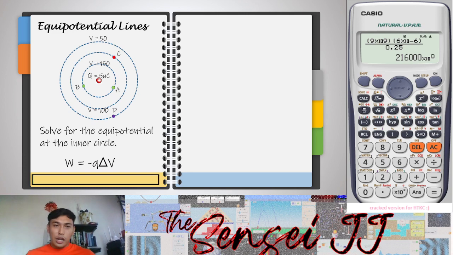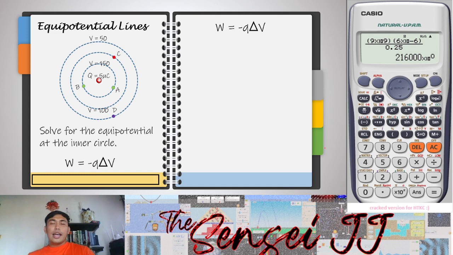Okay, so let's try to solve this one, guys. And I hope na nakuha ninyo yung sagot dito. Okay, so we have here our first equipotential lines. Inner circle. So we will be solving for A and B only. So we have here our formula of W is equals to negative Q multiplied to the electric potential difference, which is 150 minus 150, and our charge of 5 microcoulombs.